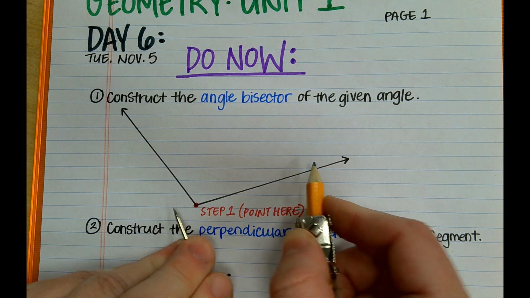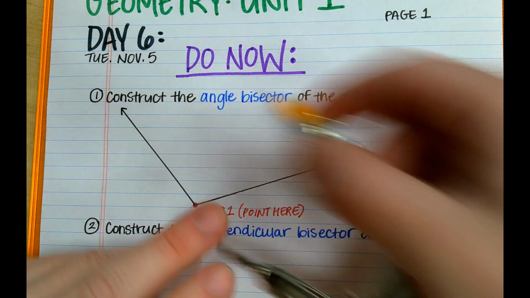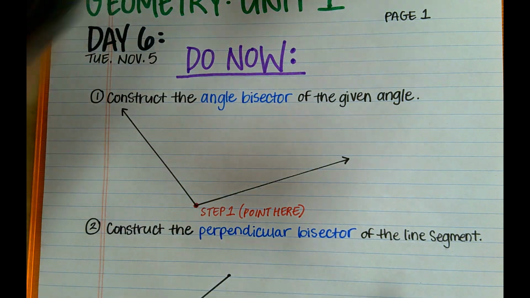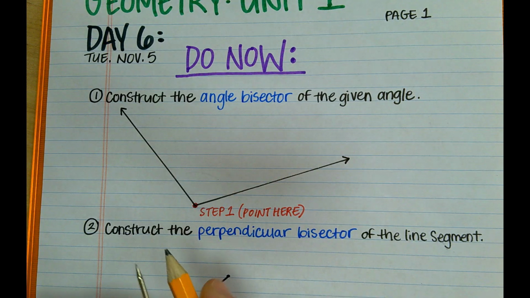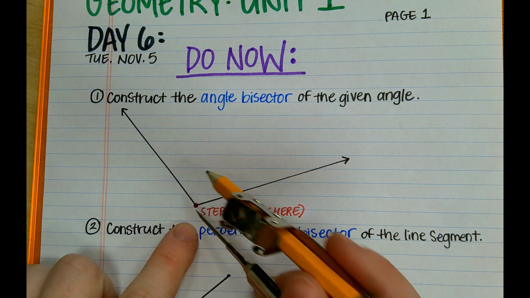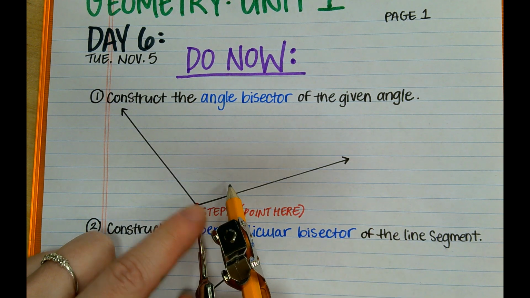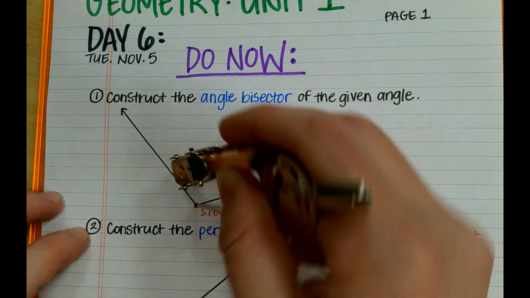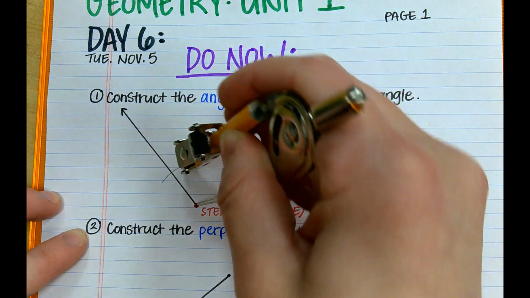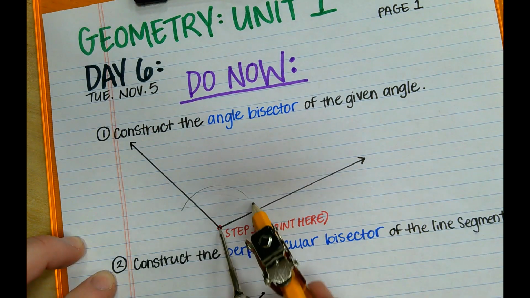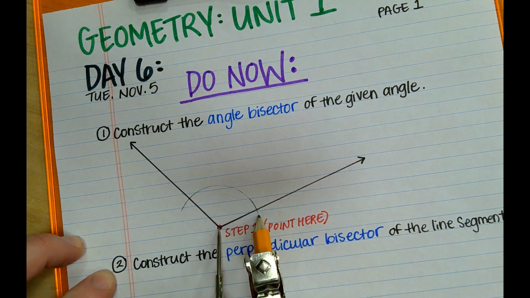If I open it too big, my bisector is going to be way off the page. So we want to work in a smaller area here. I'll put my point on the vertex and make an arc that crosses both of the lines like that.